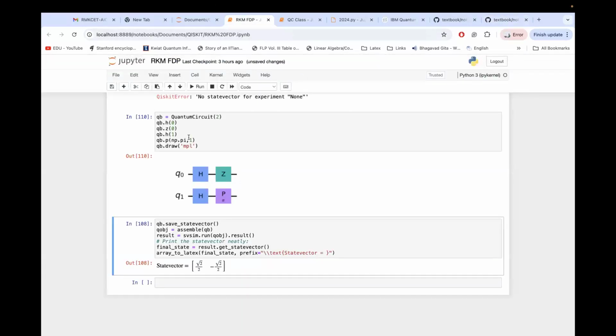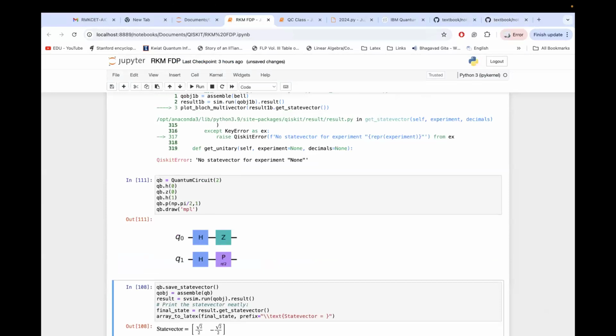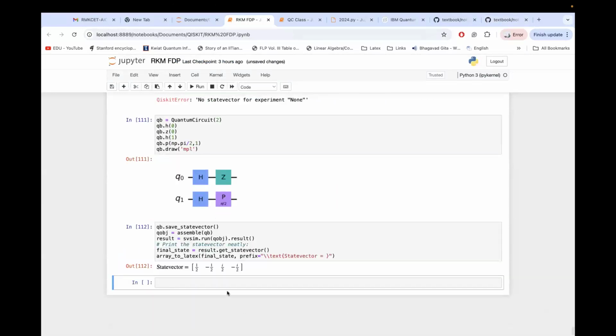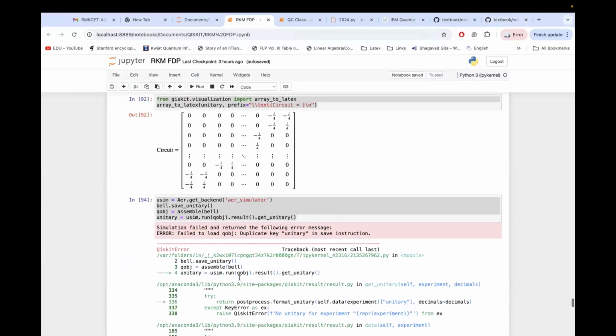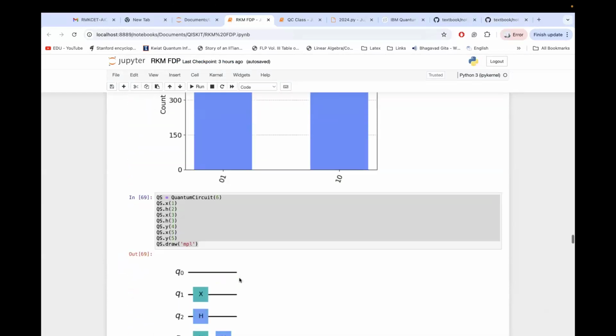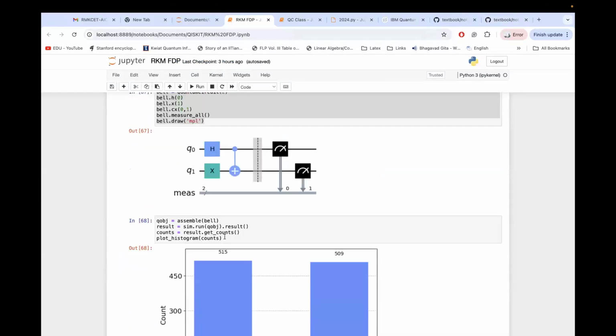So what we can do, we can define some different phase, that is pi by 2. And now we will visualize the state. So this is going to be the quantum state now, right? And if you want to plot the histogram, that is also possible, right? And we have to use the same command.